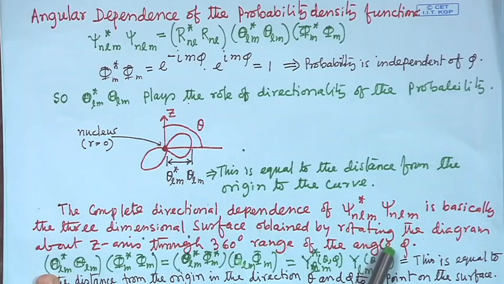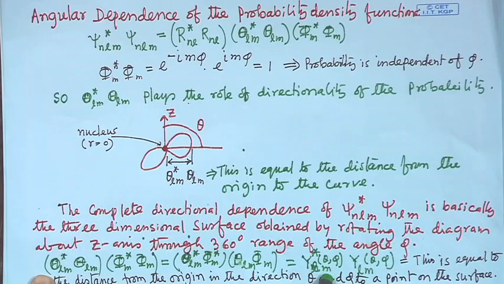This angular dependence of the probability can be written in a new form: Y Lm theta phi star Y Lm theta phi.